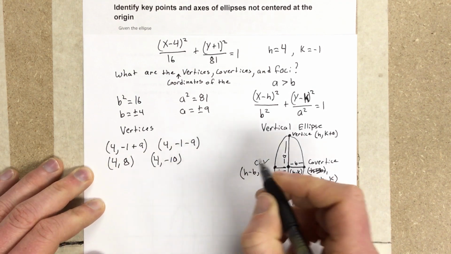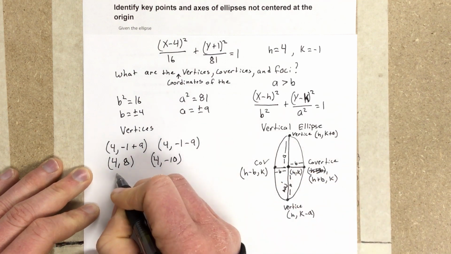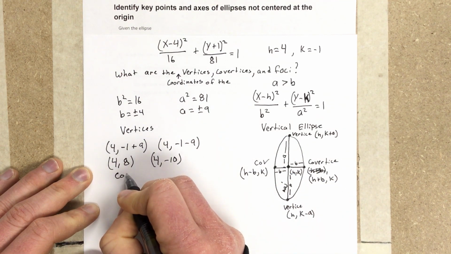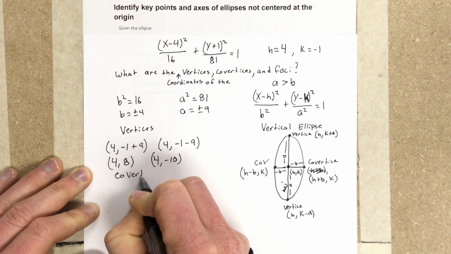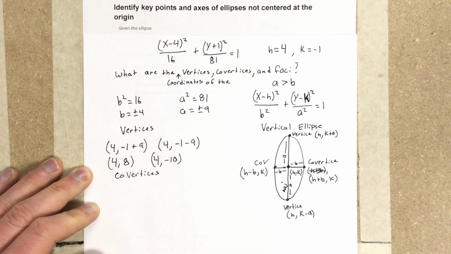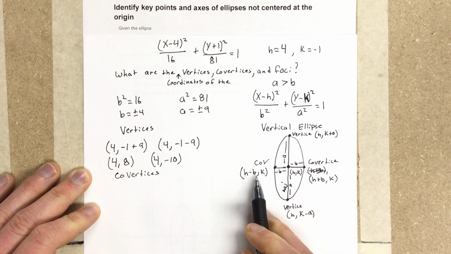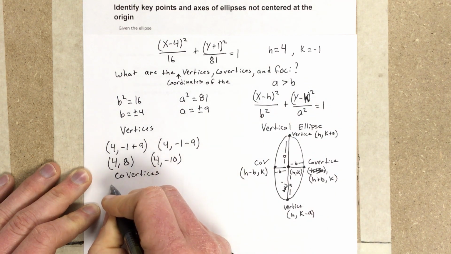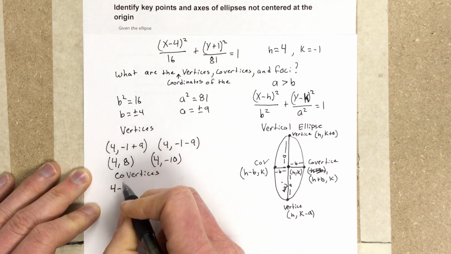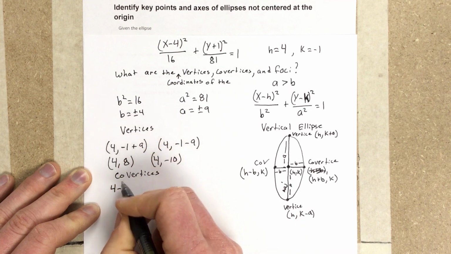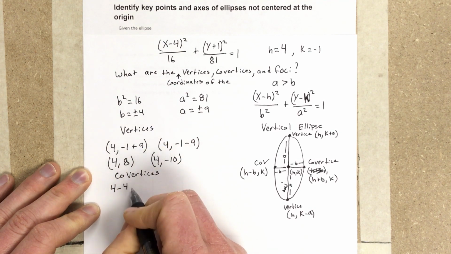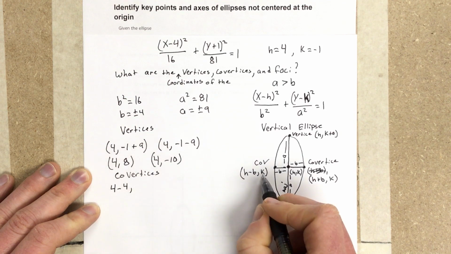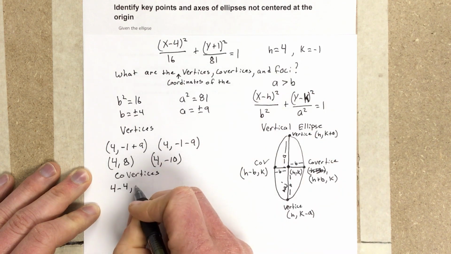And then our covertices are going to be h minus b. So h is 4, minus b, so minus 4 here, comma, k, which we know to be negative 1.